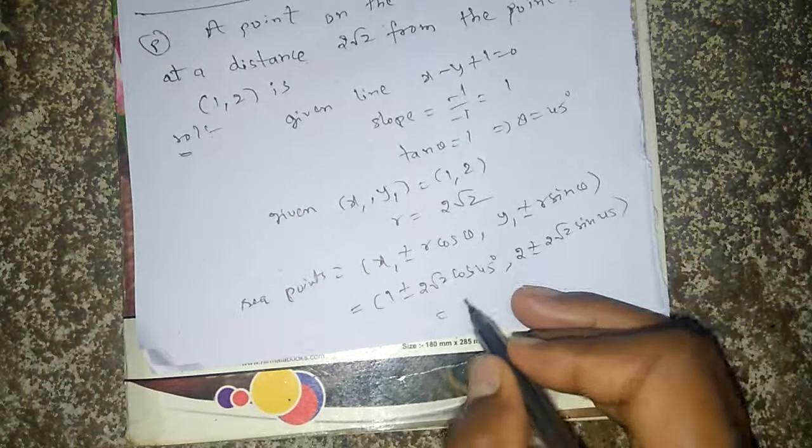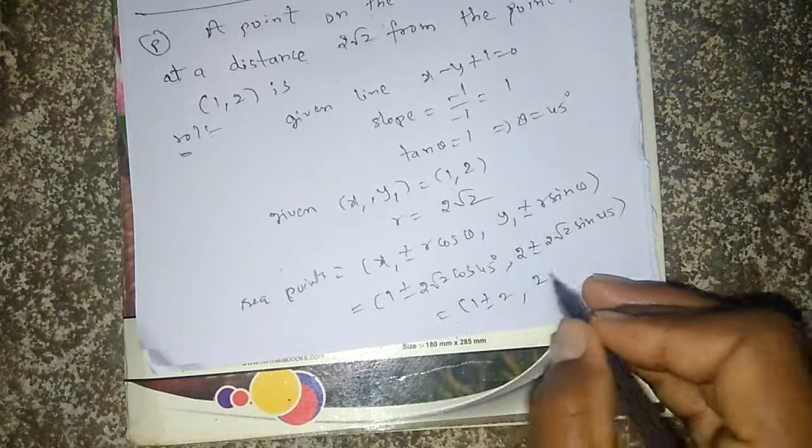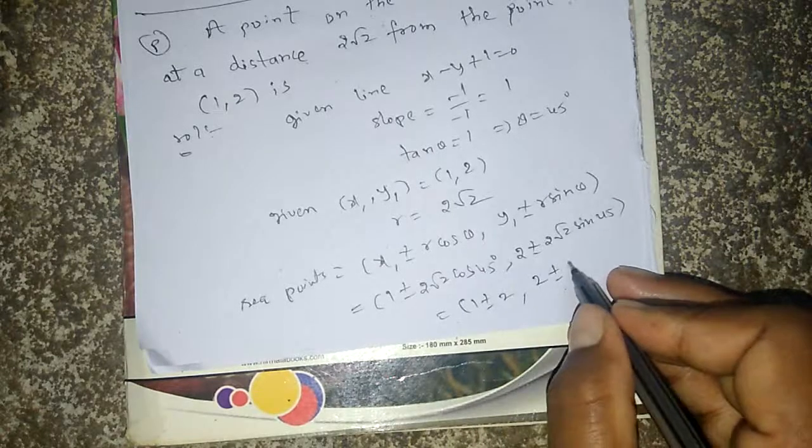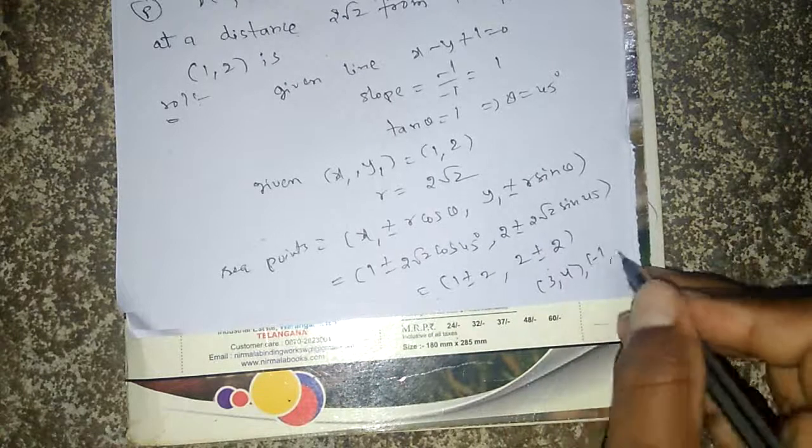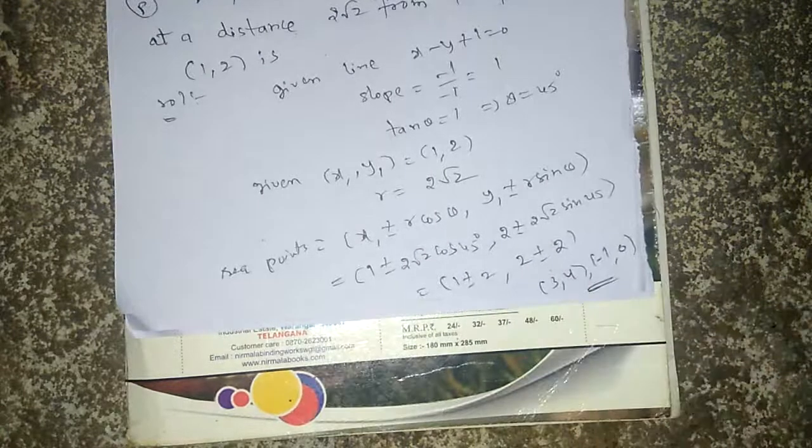Root 2 cancels, 1 plus or minus 2, 2 plus or minus 2, (3, 4) or (minus 1, 0) are the required points.